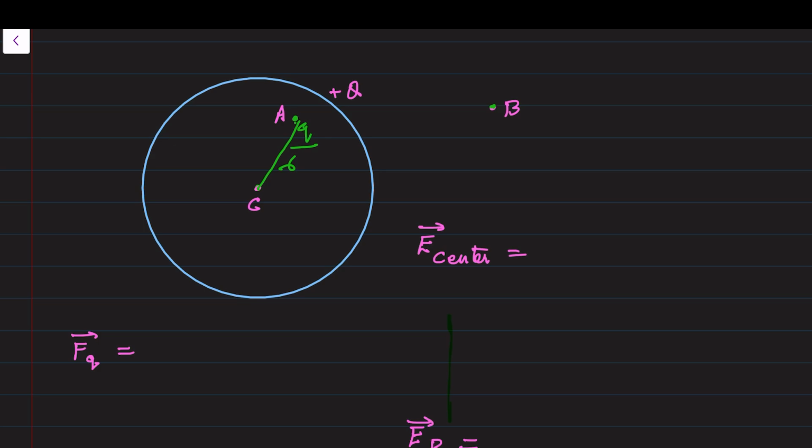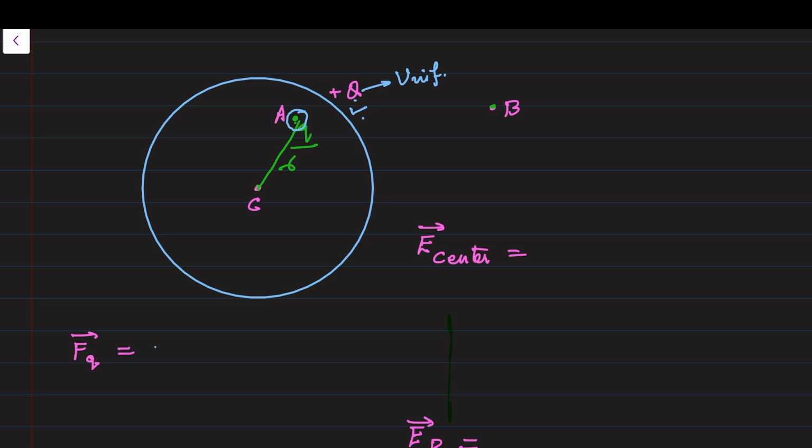Now, to determine the force experienced by the point charge Q, this point charge is going to experience the force only due to the outside charge Q, the charge on the sphere, and this charge is distributed uniformly. So the electric field intensity due to a uniformly charged hollow sphere at any inside point is 0.